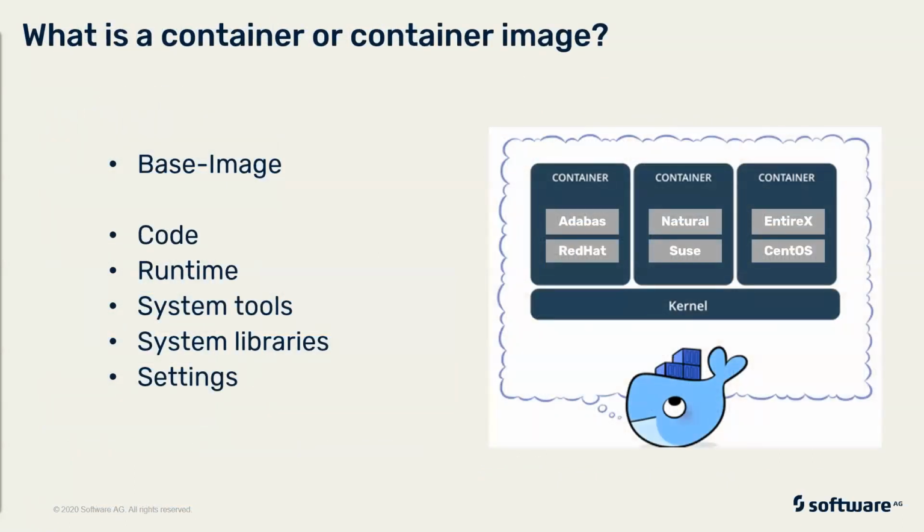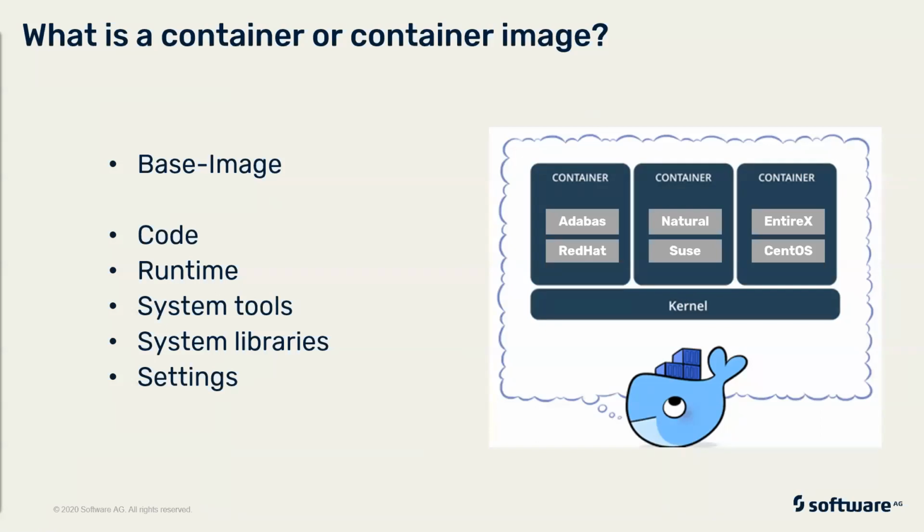So once again, a view into what a container is, or a container image. We see a small illustration on the right-hand side about containers. You take all the functionality that you need and put it inside a container. So you get a lightweight standalone executable package of your software that includes everything it needs to run.